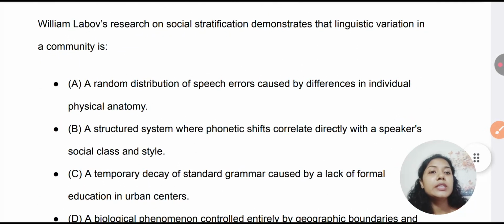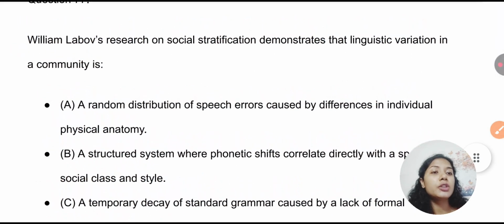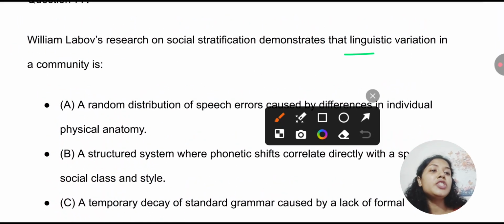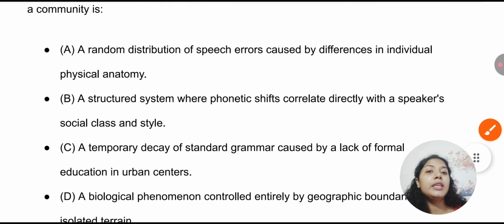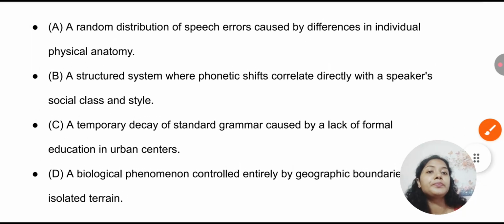Okay, now next question. William Labov's research on social stratification demonstrates that linguistic variation in a community is... So, as per his research, what is it?